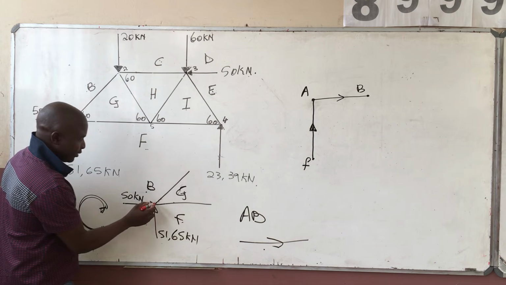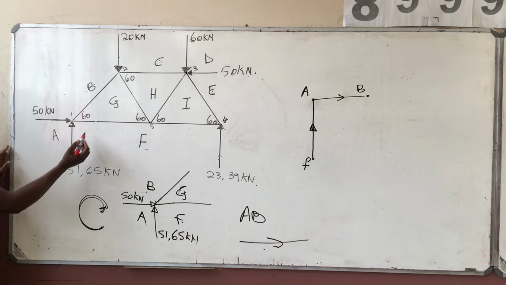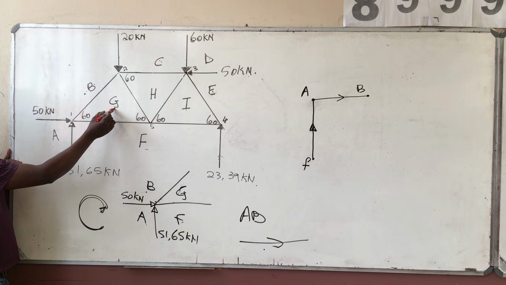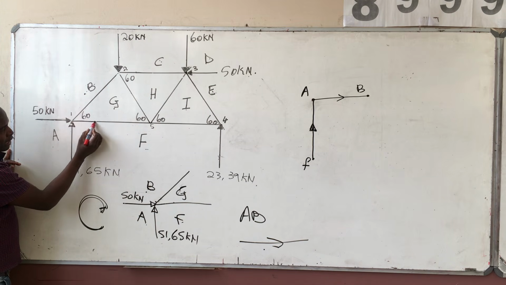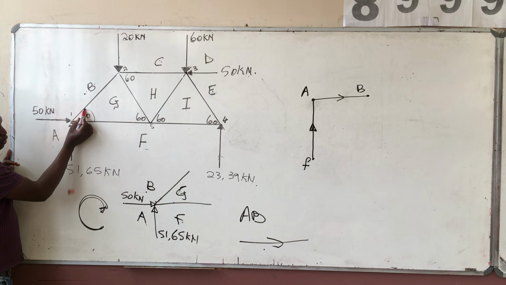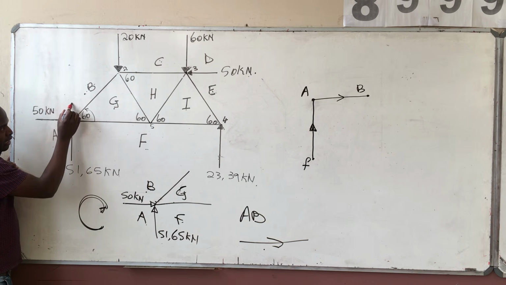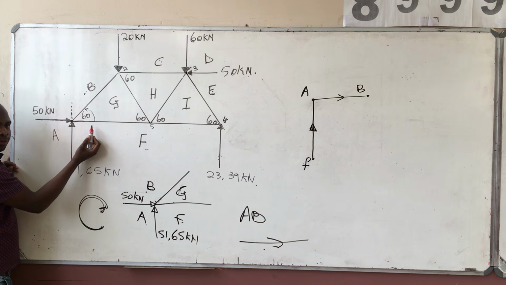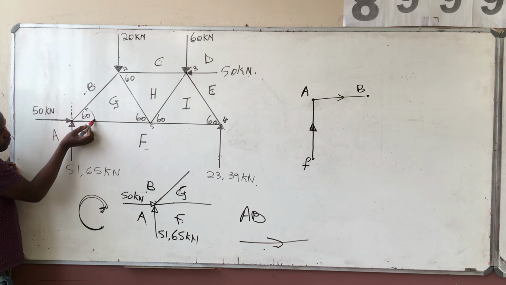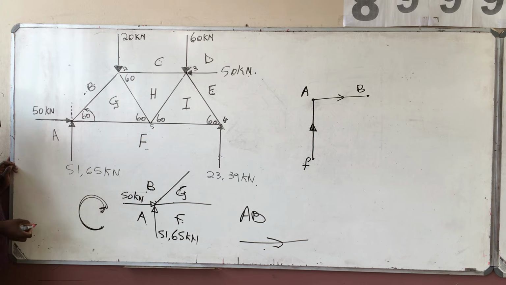If you check, BG is 60 degrees from the horizontal line. Meaning, at this point, you can just draw a small invisible Cartesian plane. Then from there to there is 60.